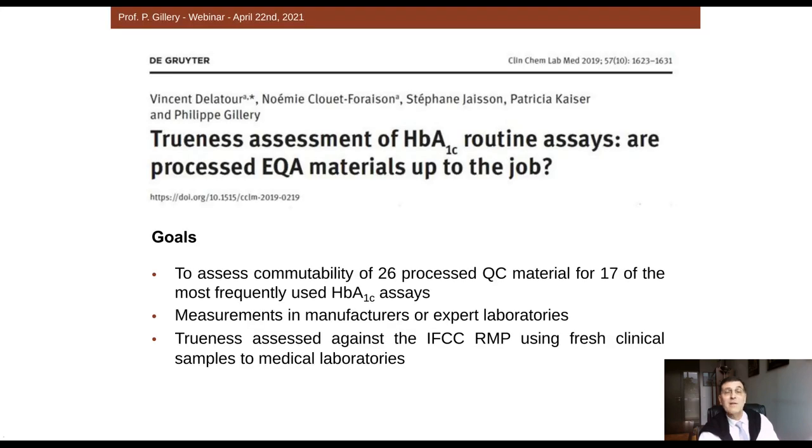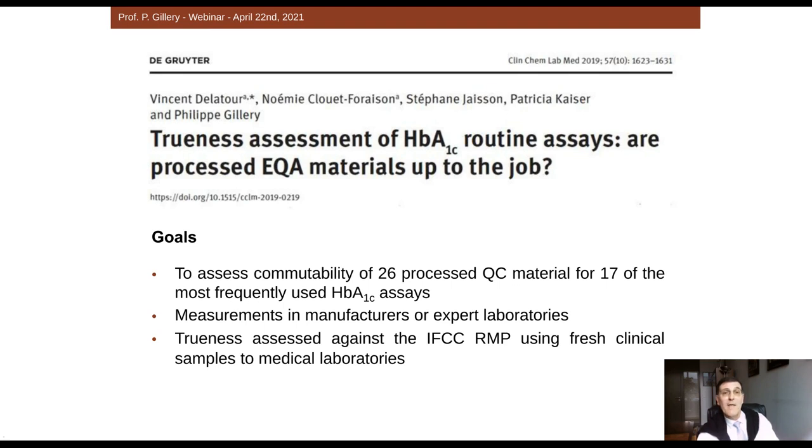And this was more precisely described by an experiment that we made some years ago, aiming at determining the trueness of HbA1c routine assays, and in order to know if processed EQA materials were up to the job.